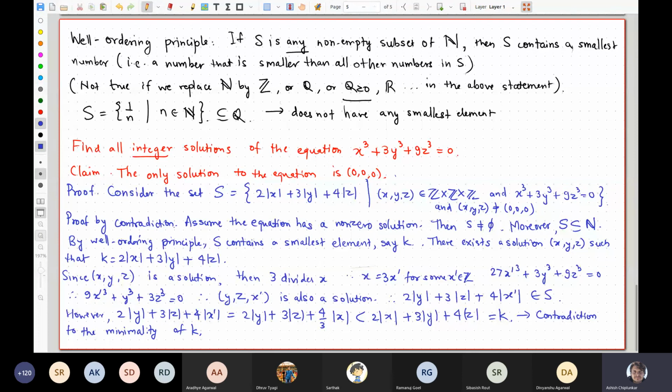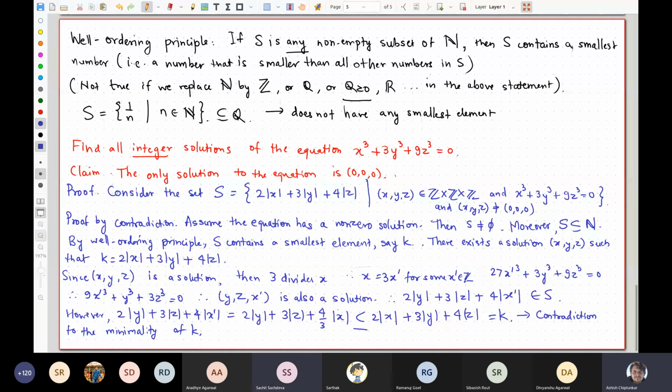Sachit? Sir, the inequality, if x is 0. Sorry? Like in case x is 0, you can't say it is strictly greater than this. You're talking about this inequality? Yes, sir. No, but we know that at least one of them is not 0, no?